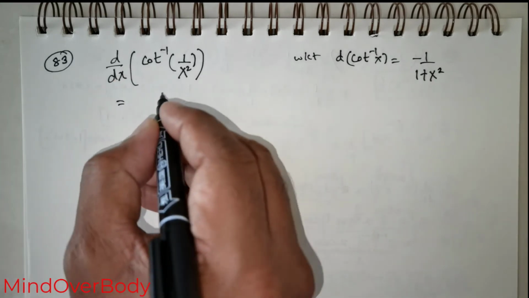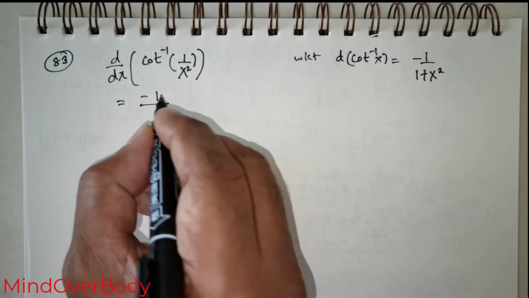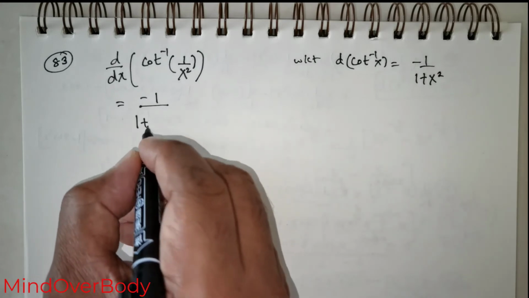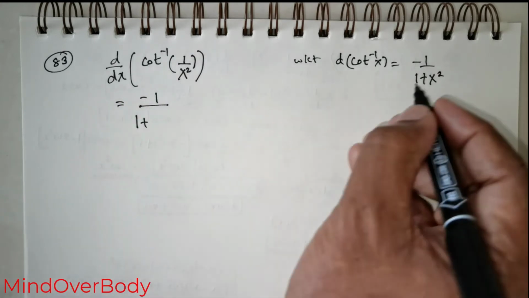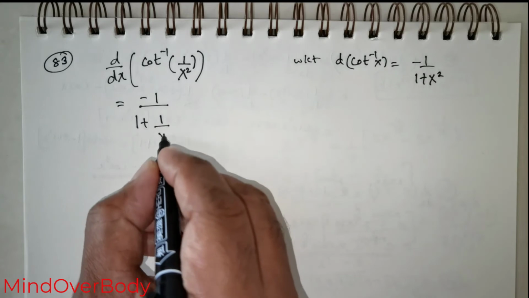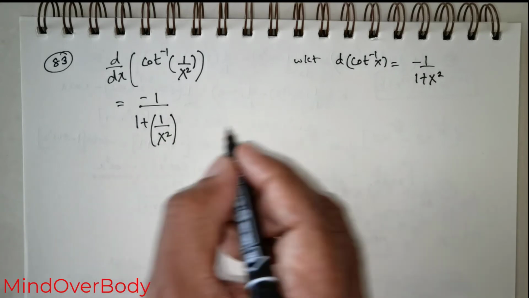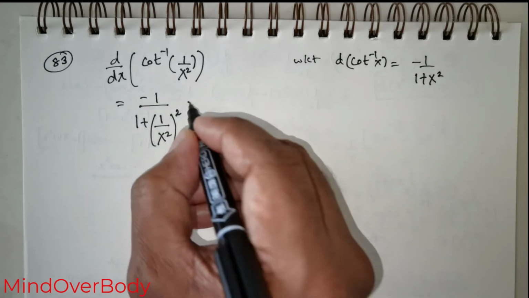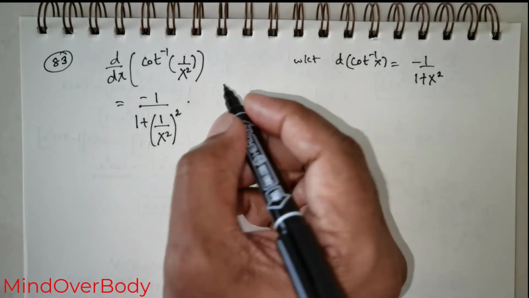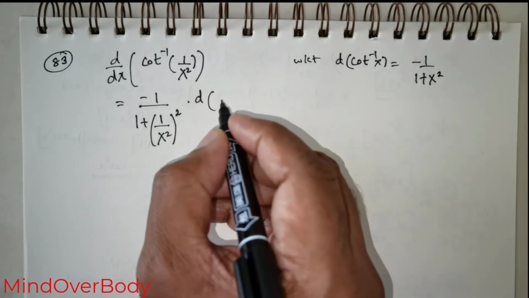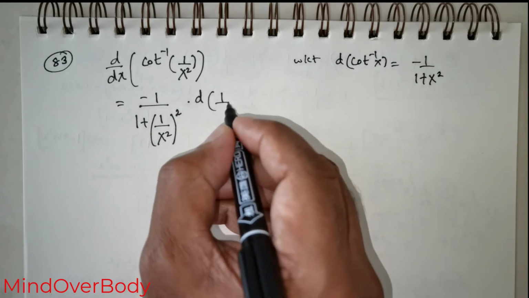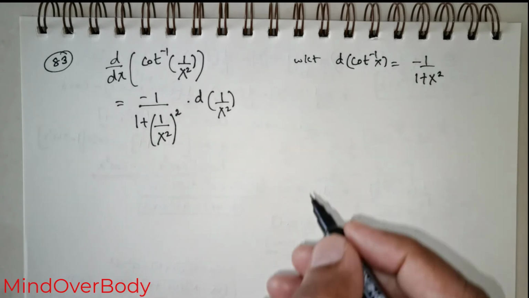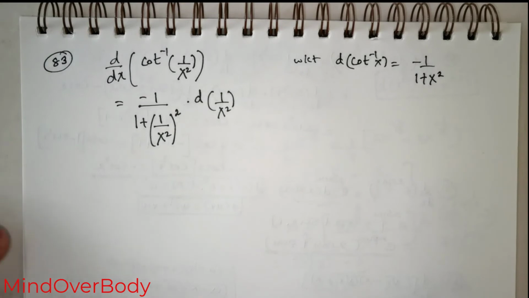In place of x I will substitute 1 over x squared, but as we got a degree of 2, I need to place that 2, times the derivative of 1 over x squared, right? That is very critical.